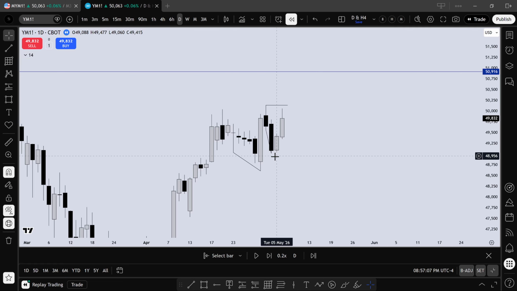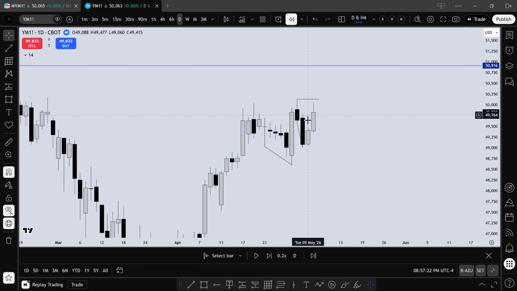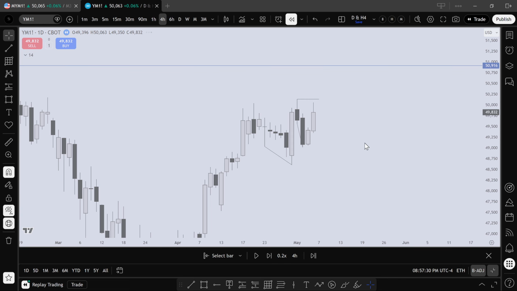So we did not trade the C2. We waited for C2 closure. Once we get the C2 closure, now the C3 is a very good candle or expansion candle to trade. Now what we need is to frame the low of the day on a 4-hour swing, which we have here.